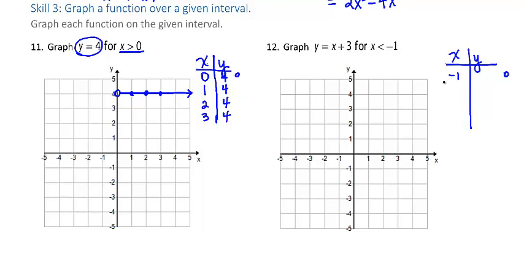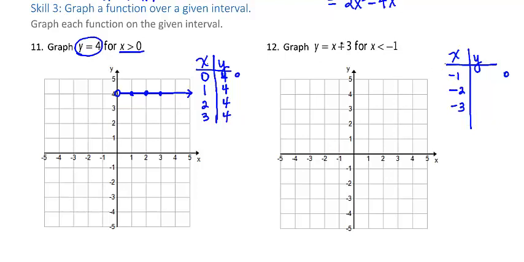So what are values less than -1? Like -2, -3. So if we look on the x-axis, the values less than -1 are only going to be values to the left of -1. So that's our only values that we can choose for x for this particular piece.